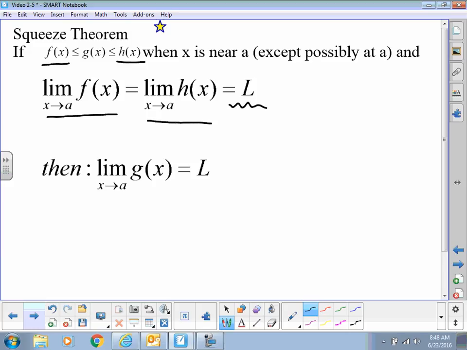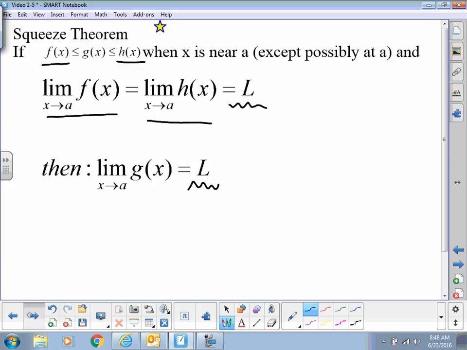So L is just some number. So maybe both those limits as x approached a were 5. Well, then what we can conclude is that the limit of g must also be 5, or whatever number that had to be. So if those outer limits, f of x and h of x, are going to the same thing, then g of x must also go to the same thing because g of x was staying in between them.